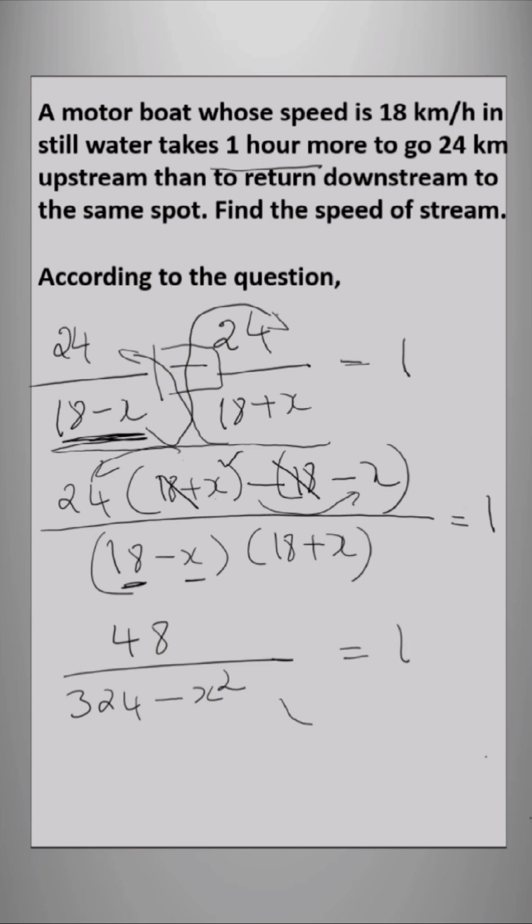Move this to this side. 48 is equal to 324 minus x square.